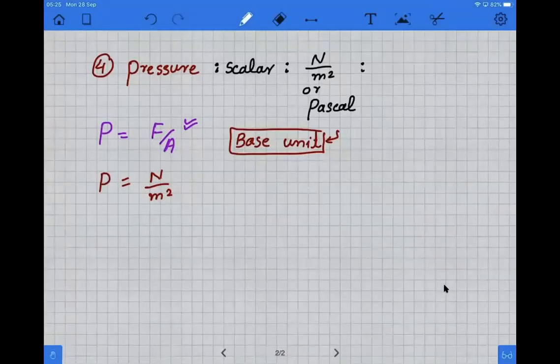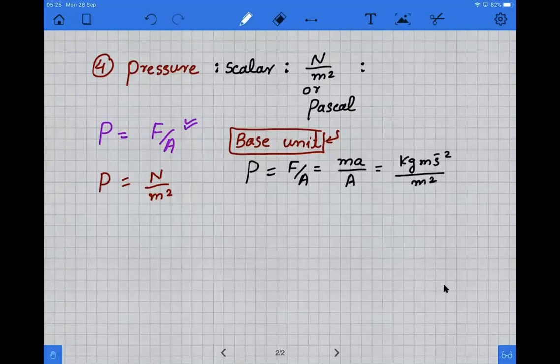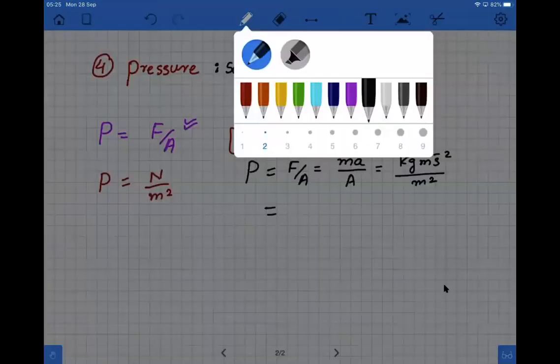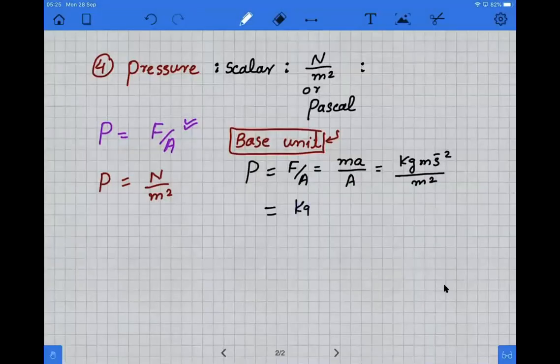Base unit of pressure could be written as P is equal to F over A. That could be MA over A. That could be kilogram meter second minus 2 over meter square. So the final form of base unit of pressure is kilogram meter power 1, meter power minus 2, and second power minus 2.